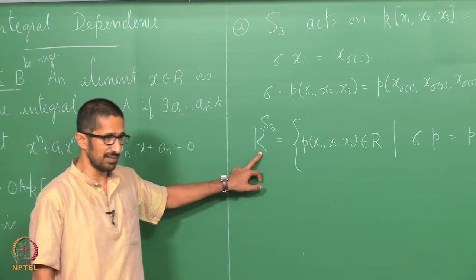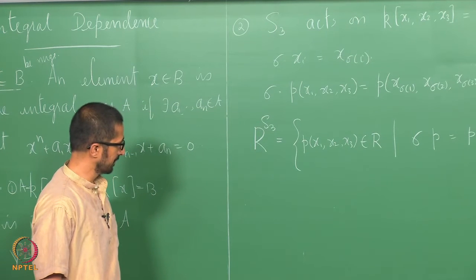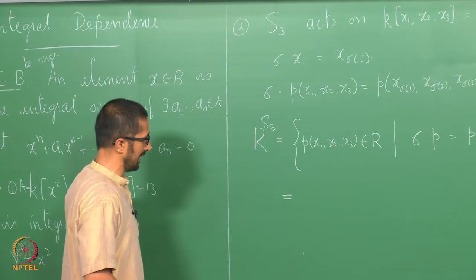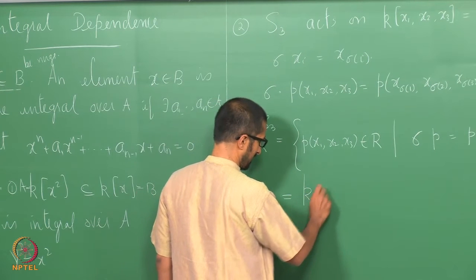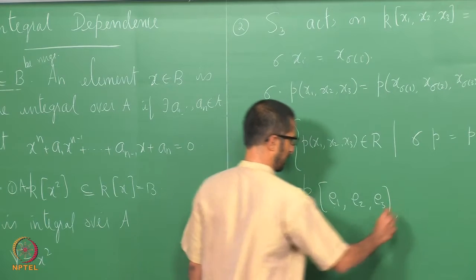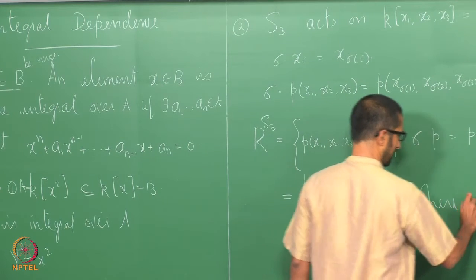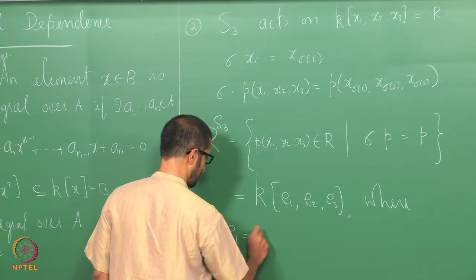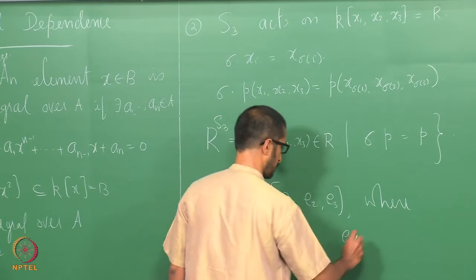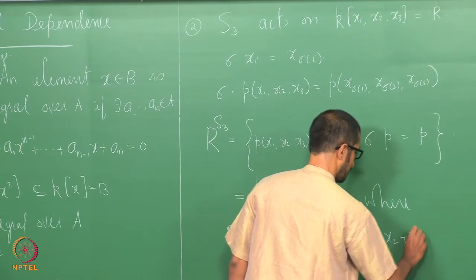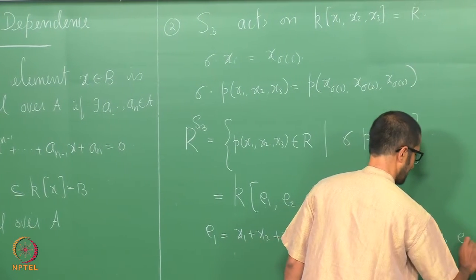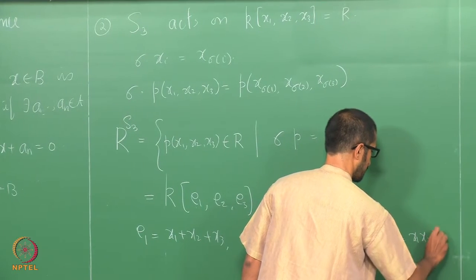Well, this might not be known to you, but one can easily show that this is equal to k[E1, E2, E3], where E1 is x1 plus x2 plus x3, E2 is x1x2 plus x1x3 plus x2x3, and E3 is x1x2x3.